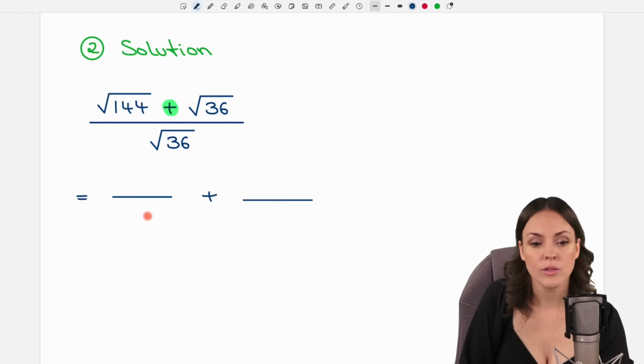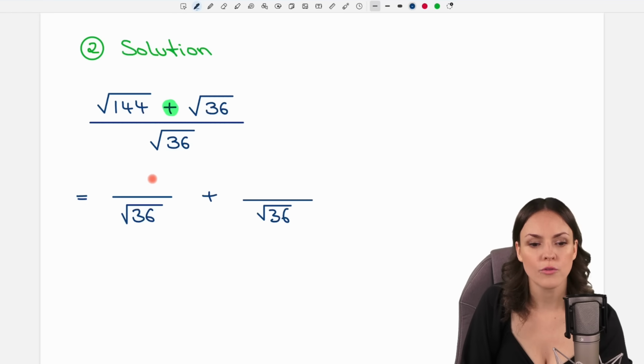The denominator stays the same, so we have the square root of 36 here and the square root of 36 here as well. In the first fraction, we have the first part, the square root of 144, and in the second fraction, we have the 36.